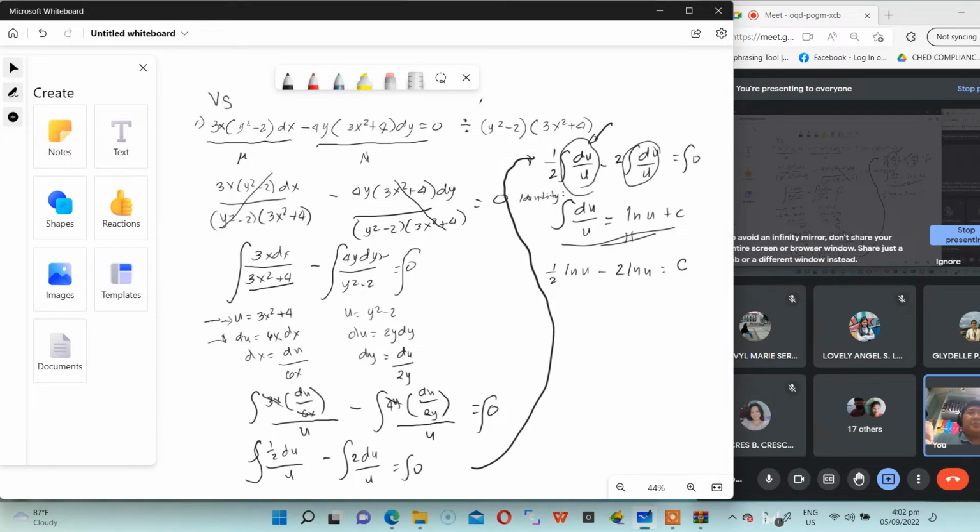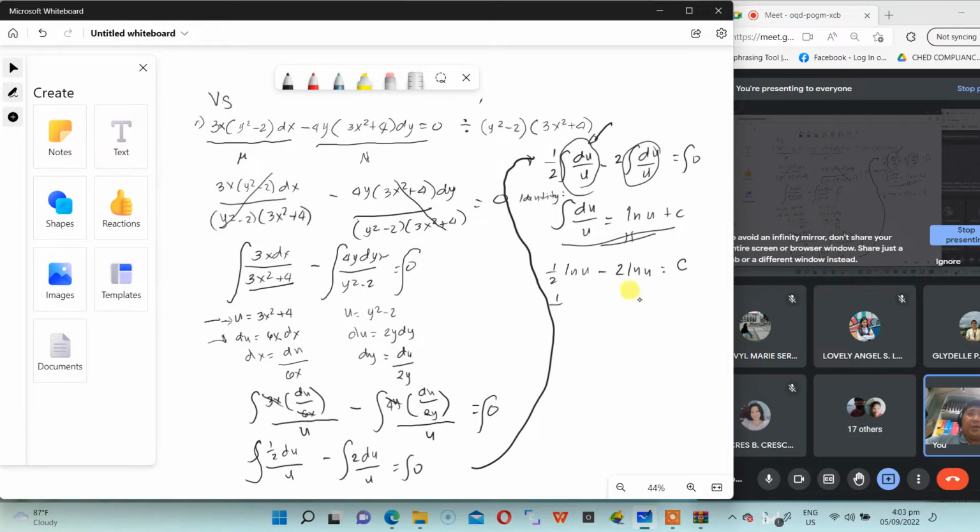So C. In this case, in a differential equation, we have many possible solutions. So this is one possible solution. From here, what is the u for this part? That is 3x squared plus 4.